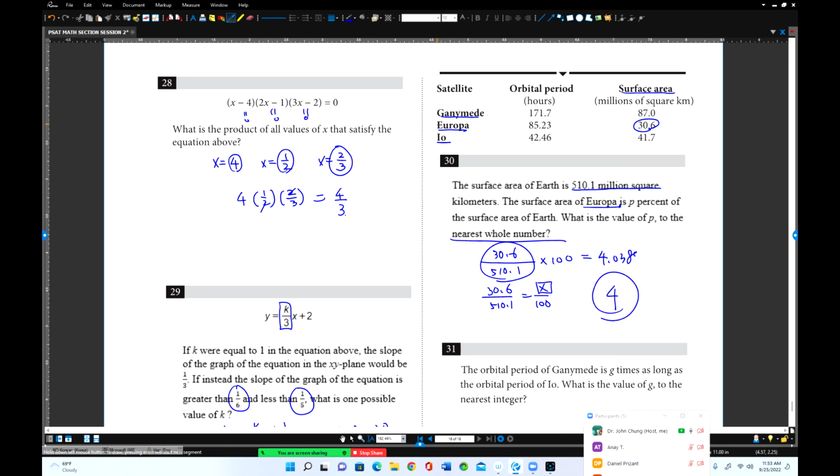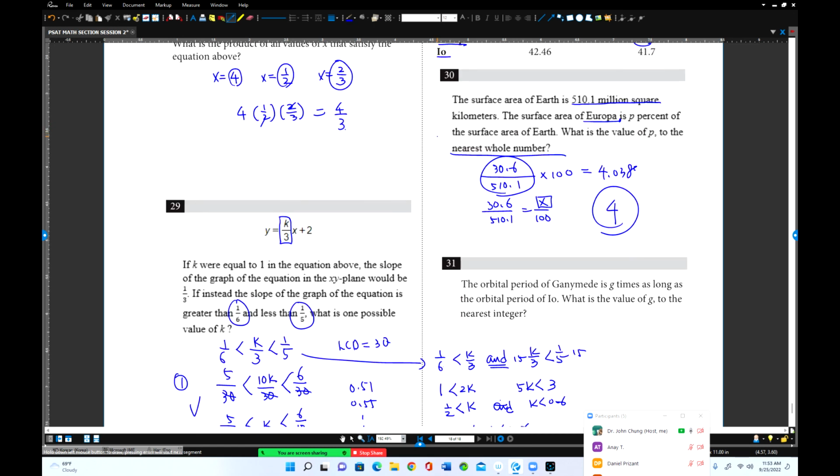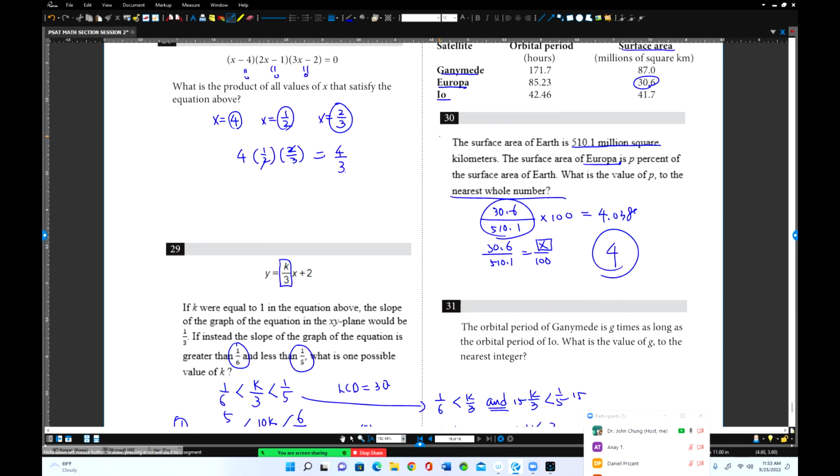Okay, just use the data. And the orbital period of Ganymede is g times as long as the orbital period of Io. Okay, g times. So the orbital period of Ganymede equals 171.7 and Io is 42.46, times g. So we're going to find g, right?